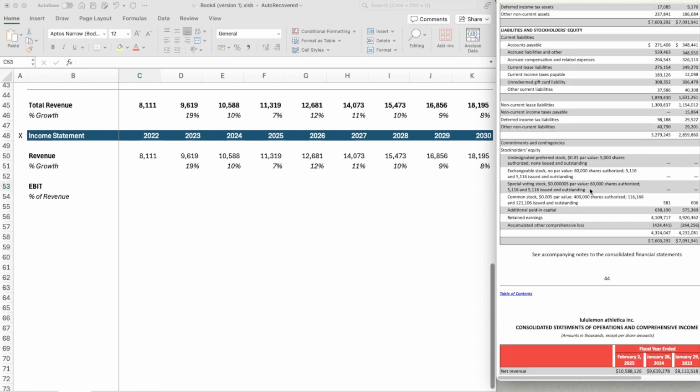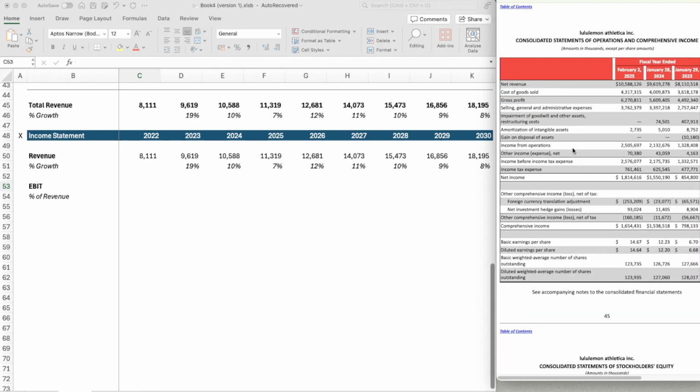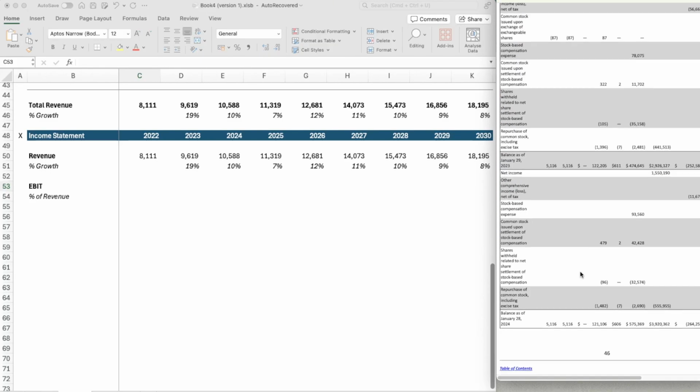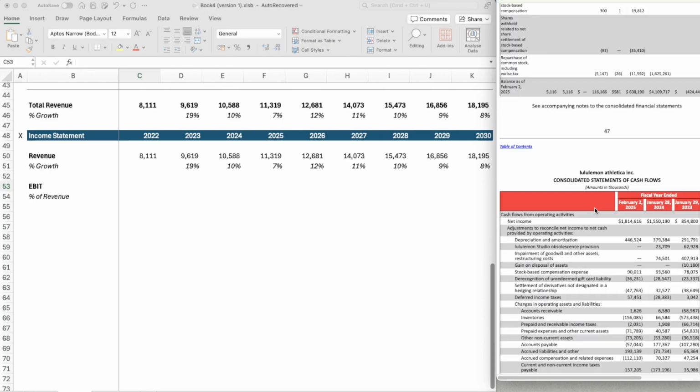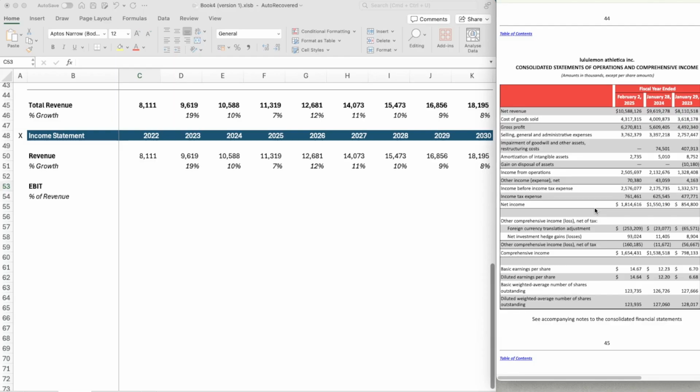So this is the balance sheet, this is the income statement, and this is the cash flow statement. We need all the parts from all three to be able to build a DCF, but we don't need much from each. So income from operations.